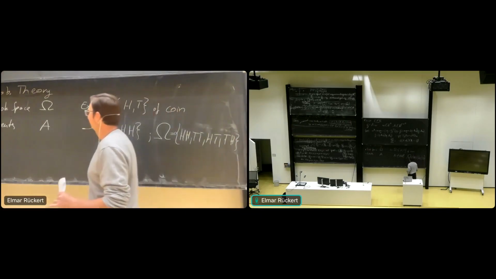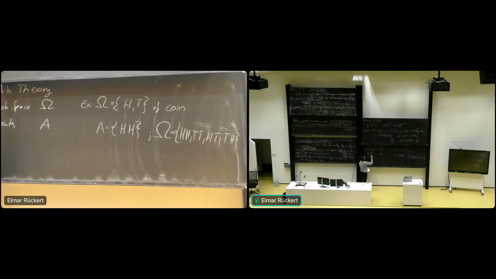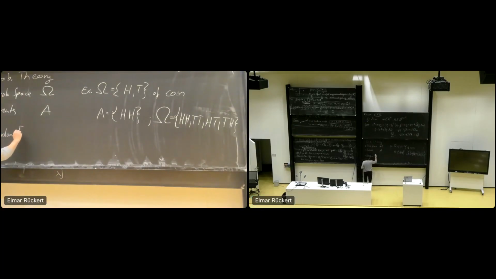That's it. Events. Now that we have events, let's define random variables. This is the most important thing. Random variables. And we said these random variables actually may be denoted by a capital letter X. And random variables actually are functions.